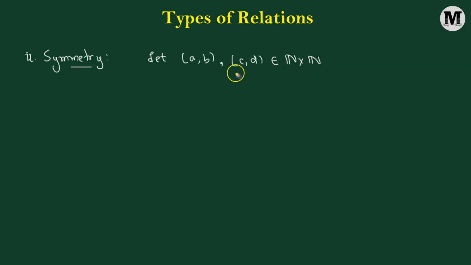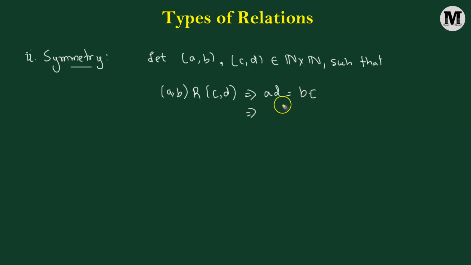So here we are starting with two arbitrary elements such that if we take the ordered pair (A, B) and say that it is related to the ordered pair (C, D), now what does it tell us? This tells us, according to the definition, that we have A times D equals B times C. Fine.